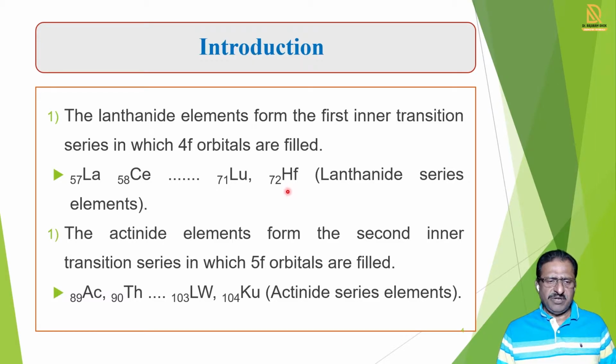Actually the series starts from lanthanum, but lanthanum does not contain any electron in the f orbital, so the actual first member of the lanthanide series is cerium and the last member is lutetium. The series starts from La and ends at lutetium.